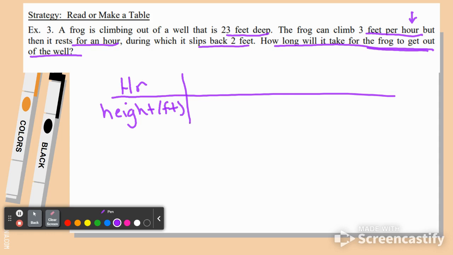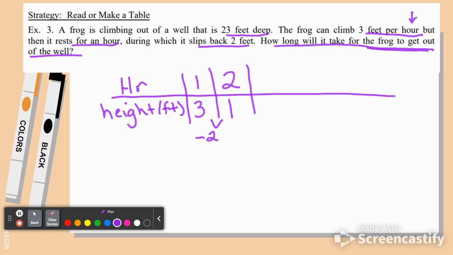And I'm just going to go through this one by one. So in hour 1, he would have climbed up 3 feet. In hour 2, he's going to slip back 2 feet because remember he rests. So I'm going to subtract 2, so I get 1. Here I notice I took away 2.